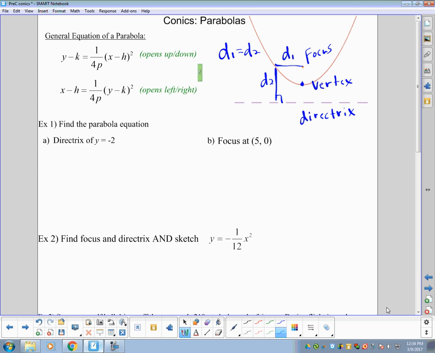So as you go through that whole curve, the distance from the focus to a point on the parabola back to the directrix is always equal. In particular, here's what we care about. This distance and this distance are equivalent as well. Straight on through from the focus through the vertex to the directrix, those two distances are equal.